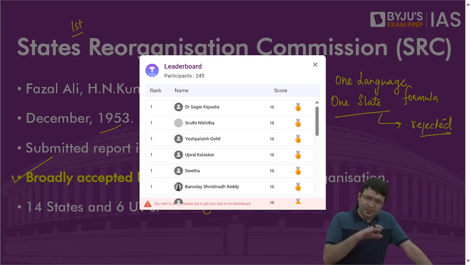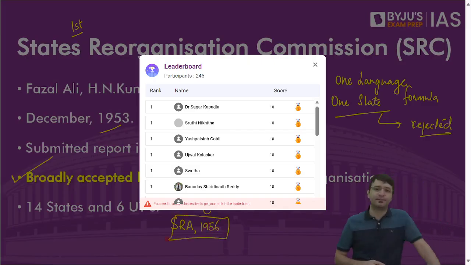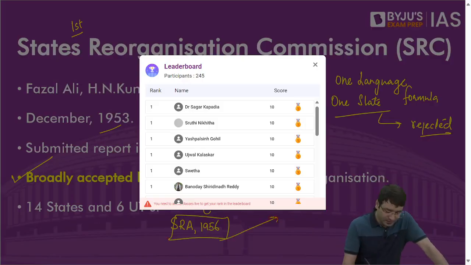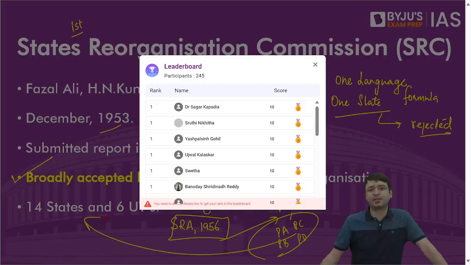Some of the recommendations were accepted, some were not accepted. And ultimately, in 1956, a law was passed known as the States Reorganization Act. This Act deleted the Part A, Part B, Part C, Part D provisions and instead created 14 states and 6 union territories.